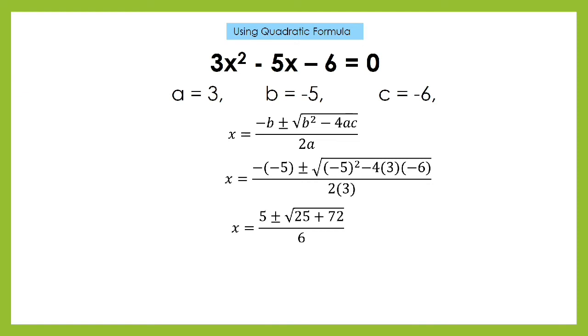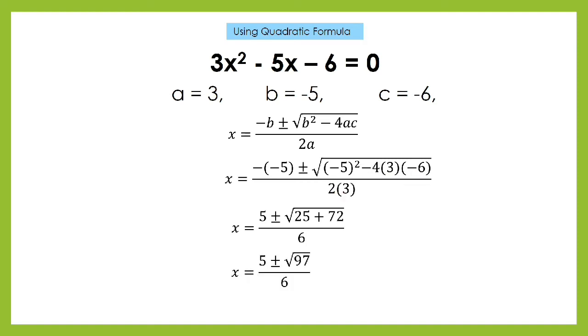Okay, next is to simplify. So, negative times negative 5 equals 5. Plus minus, the square of negative 5 is 25. And then, we multiply negative 4 by 3 and negative 6. So, we have 72. Negative times negative is positive. Okay, 2 times 3 is 6.